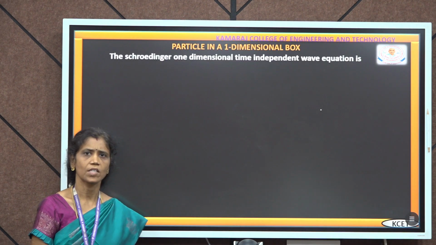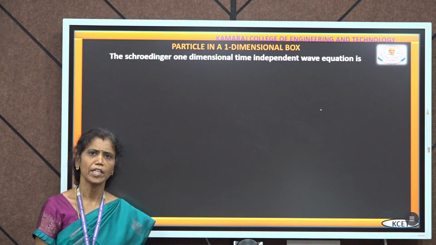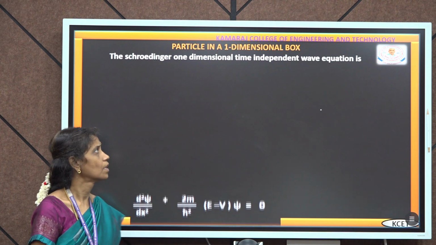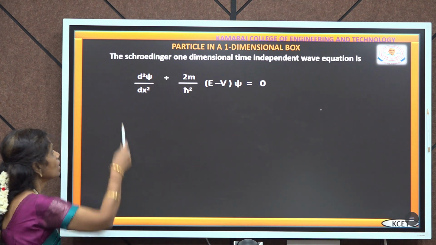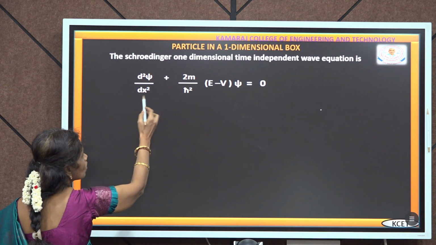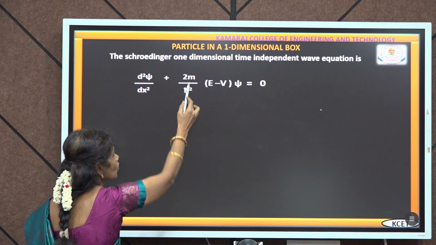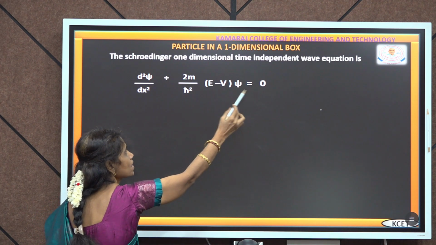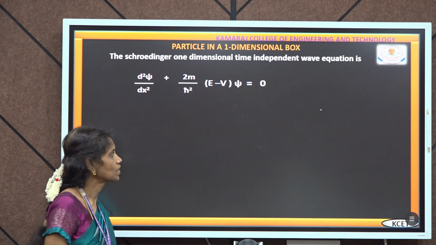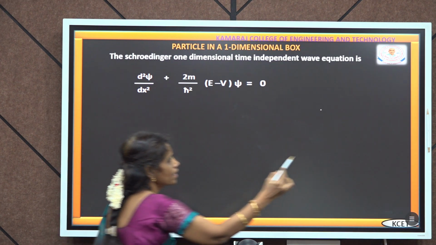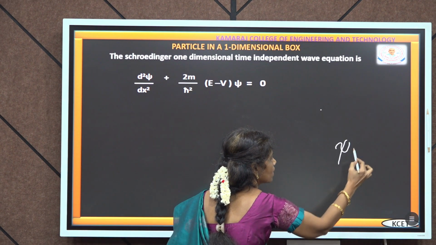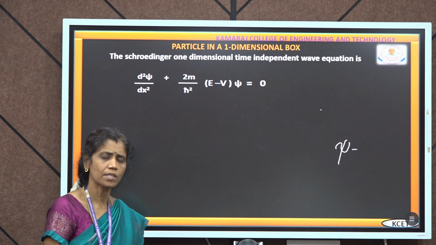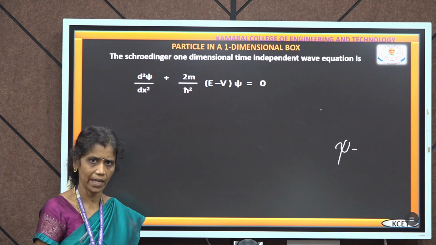We know that the Schroedinger time independent one-dimensional wave equation is del square psi by del x square plus 2m by h cross square into (E minus V) into psi is equal to 0. Here psi is the wave function of the electron.